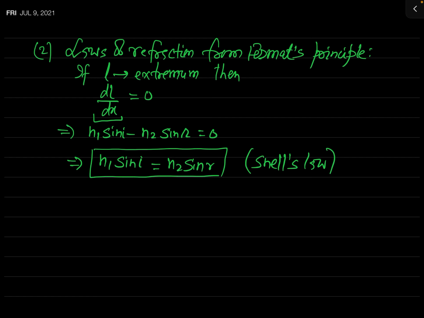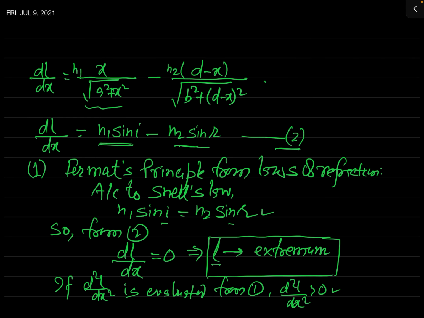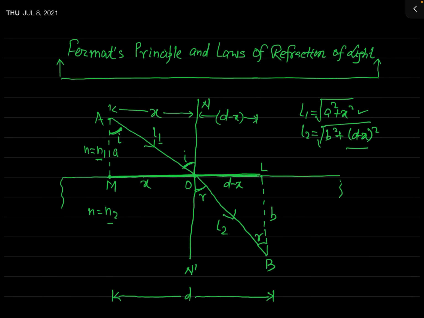We can also establish the first law of refraction of light, which tells that the incident ray, refracted ray, and the normal at the point of incidence are coplanar. So you can see logically here, see this figure, that the lines AO and OB intersecting at this point O will always be in one plane.